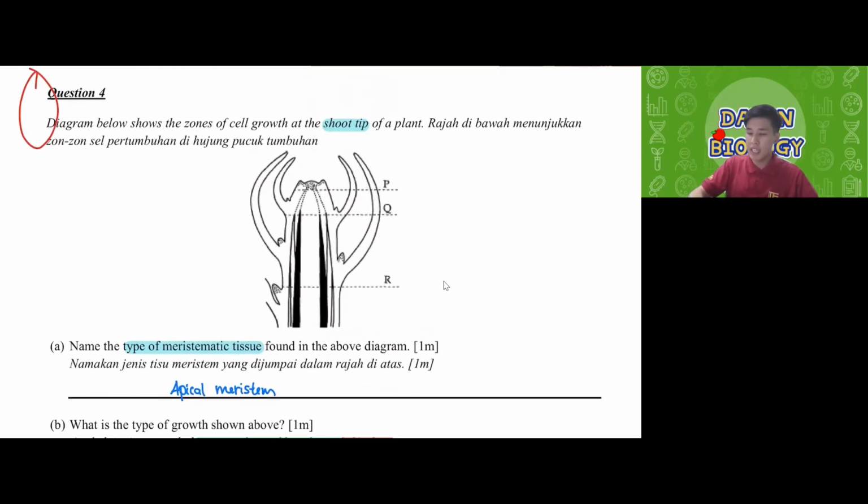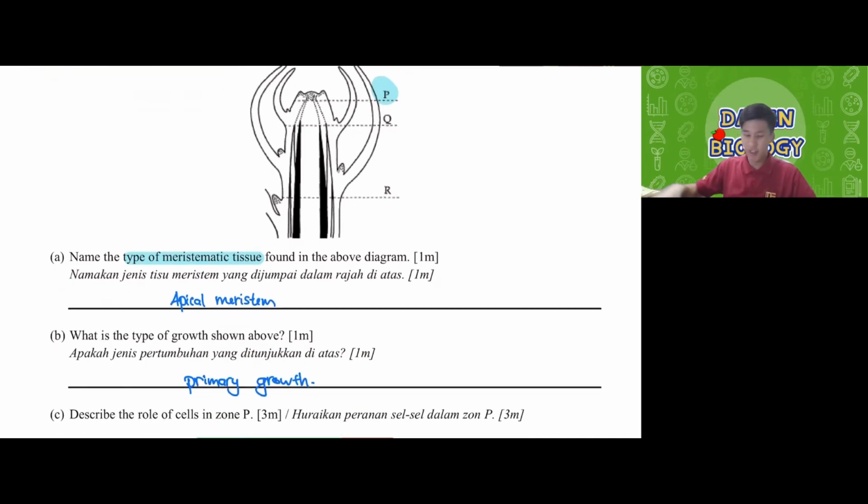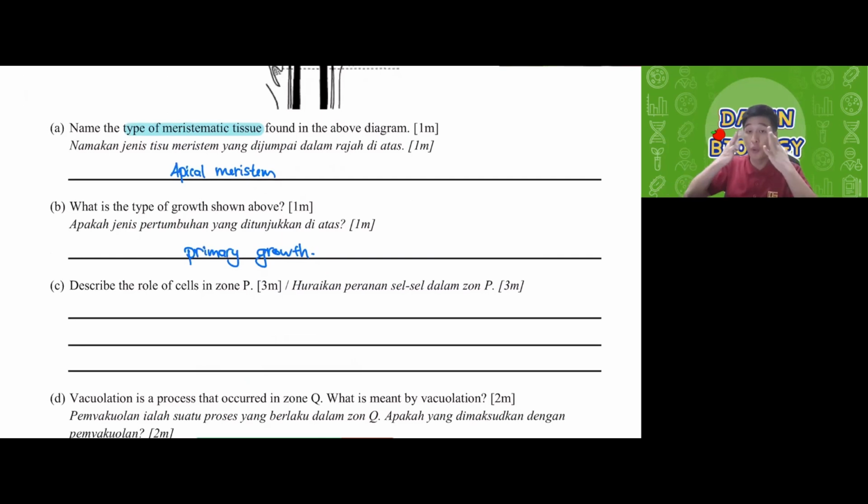Okay, can you guys tell me what the cells do here? The cells divide, right? Yes, exactly. Zone of cell division. The role here is very simple, most of you know already, it is mitosis. But now 3 marks is quite a lot, so we need to mention one by one.